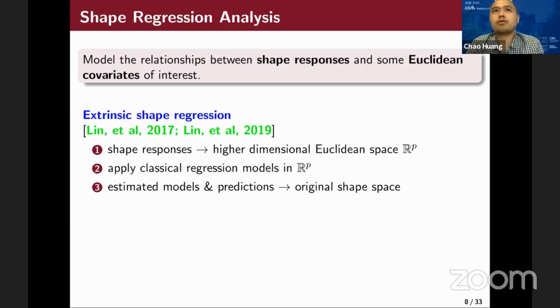Currently there are two main approaches in shape regression analysis. One we call extrinsic shape regression. The key idea of this approach is that first we embed all the shape responses into a high dimensional Euclidean space. After that, in that Euclidean space, we can apply different kinds of classical regression models. Then we project all these estimated models and predictions back to the original shape space.